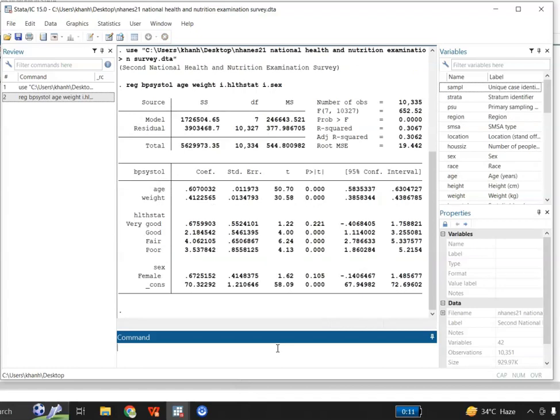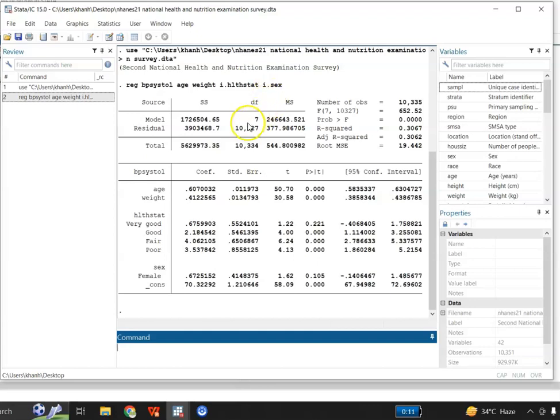So as usual, here is my regression: BPSYS, which is the dependent variable, age is an independent variable, which is numeric, weight is also an independent variable and is continuous or numeric, health state is a categorical variable as indicated by i., and sex is also an indicator, and we indicate that by i.